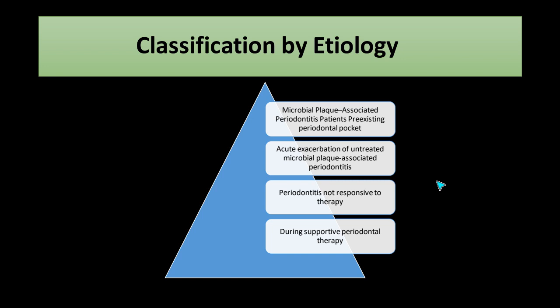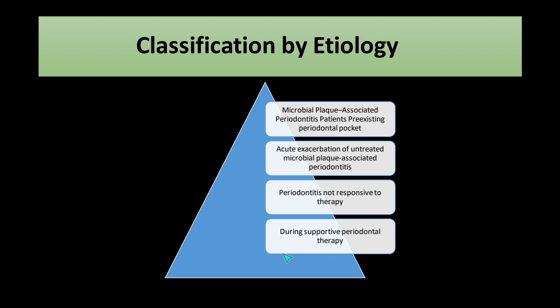If periodontitis is non-responsive to therapy, no matter whether you do non-surgical therapy, or give systemic antibiotics, or do a surgical therapy, the periodontal destruction is non-responsive to whatever treatment you are doing. That means there is persistence of periodontal destruction and persistence of periodontal pocket.